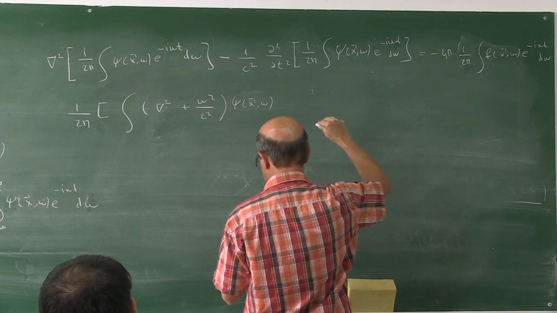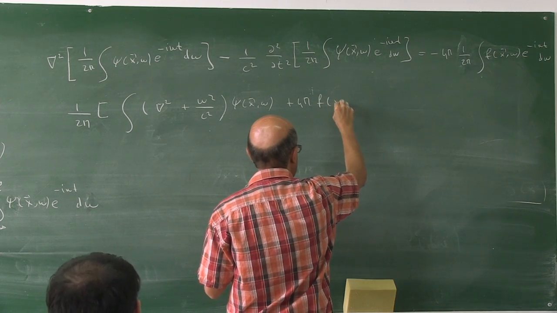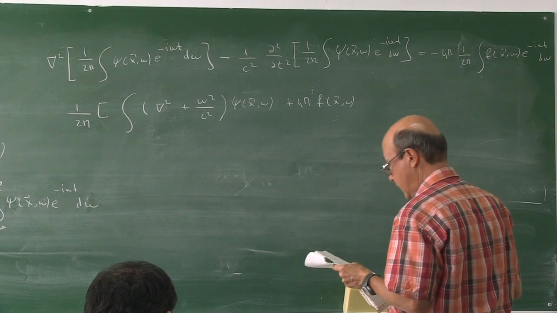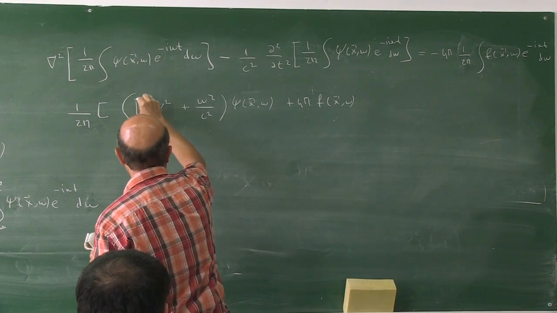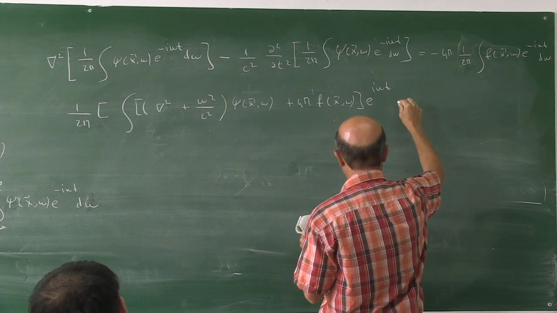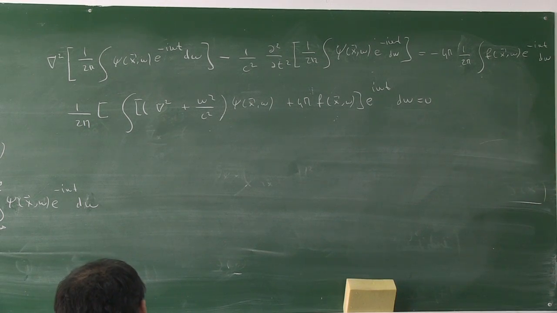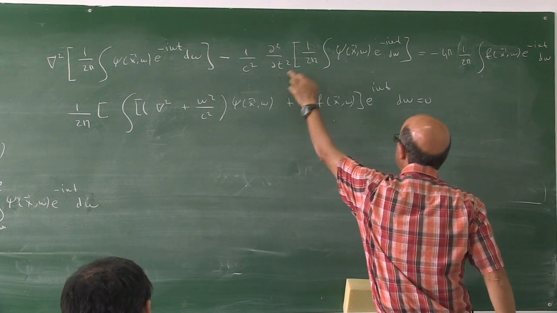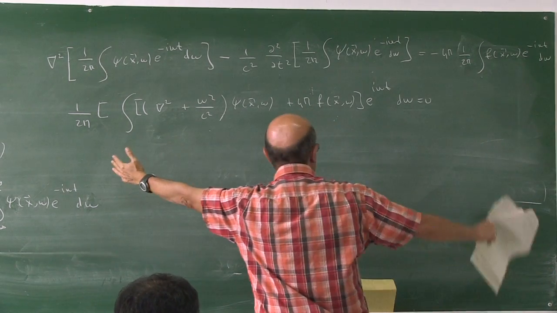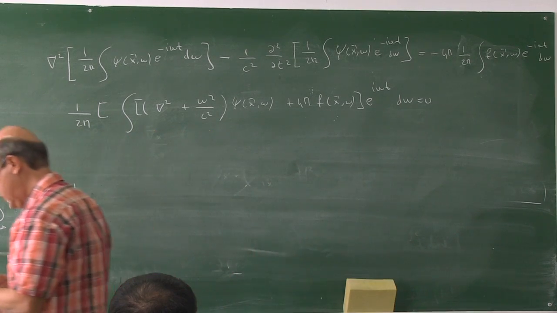And take this to the inside, 4 pi f(x,omega), and everything is under the parenthesis of e to the minus i omega t d omega. I did nothing, so I add this operator here, I obtain omega square, and I take the whole parenthesis of the integral, and I have one equation that has to be satisfied.